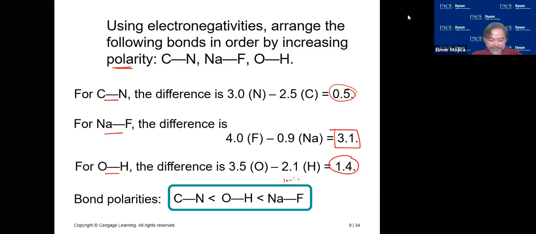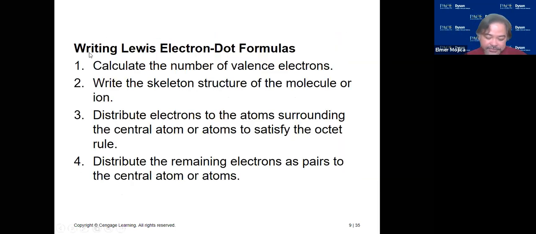Okay, so let's go now to the main topic that we have, not only in chapter 9, but also in chapter 10. I think you need to do this in both chapter 9 and chapter 10.